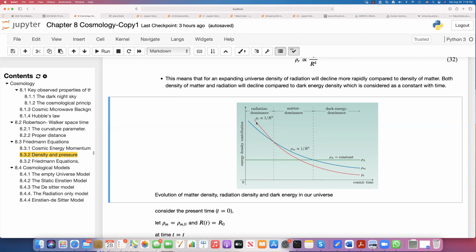The red curve is the one that shows you radiation is proportional to 1 over r to the power 4. For smaller values, the radiation density is higher in the universe, right?